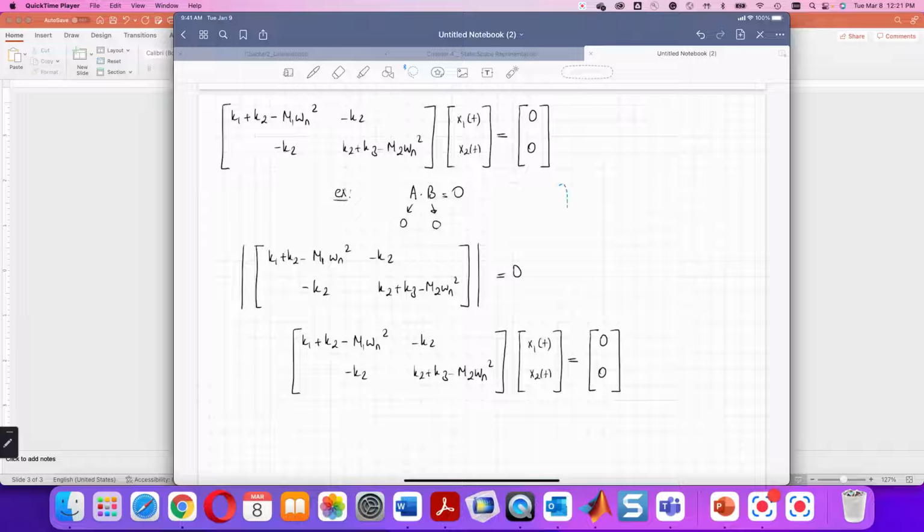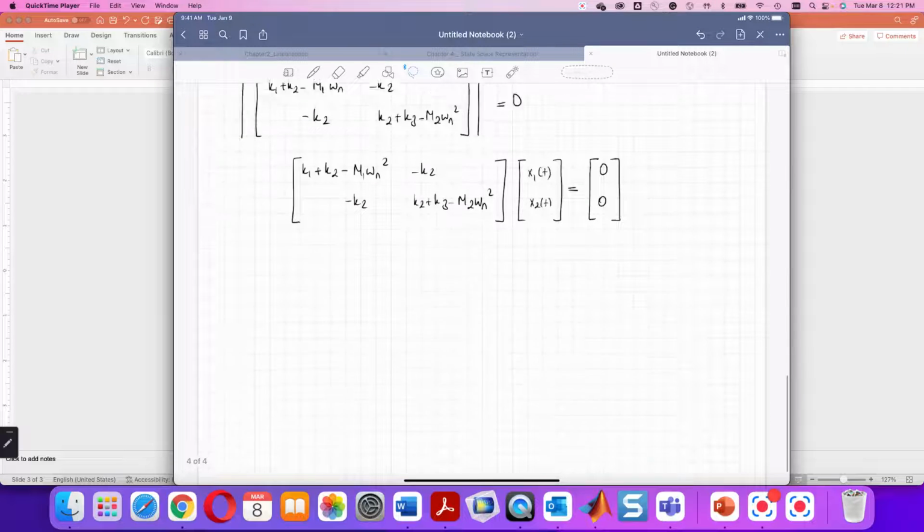Of course, we expect some motion once we release the cards because the system is undamped. So x1 and x2 shouldn't be 0, leaving us just one option. This 2 by 2 matrix must be equal to 0 so that the right side of the equation will be 0. When we say this matrix should be 0, we mean that the determinant of this matrix should be equal to 0. So how can we solve the problem?